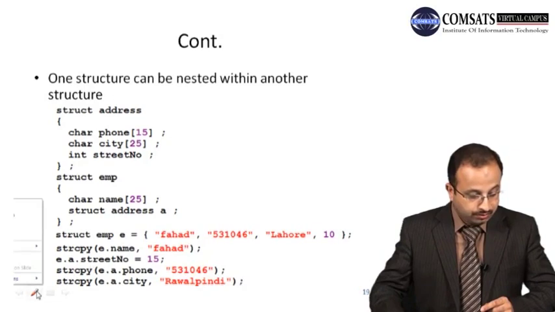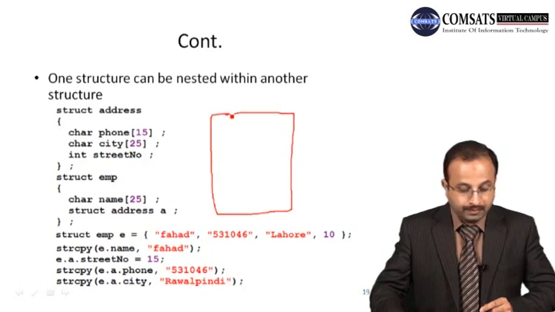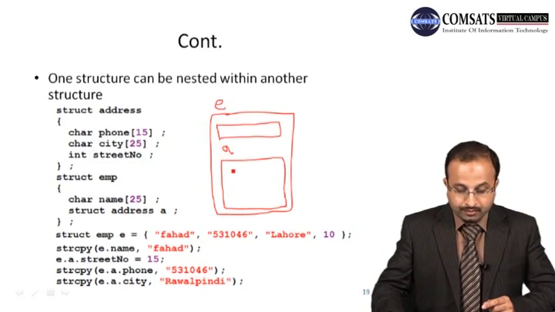So let me draw this thing. So this is a structure. We say this is a structure E that contains name and a structure A. Now what things does A have? Three things. And which three things are those?